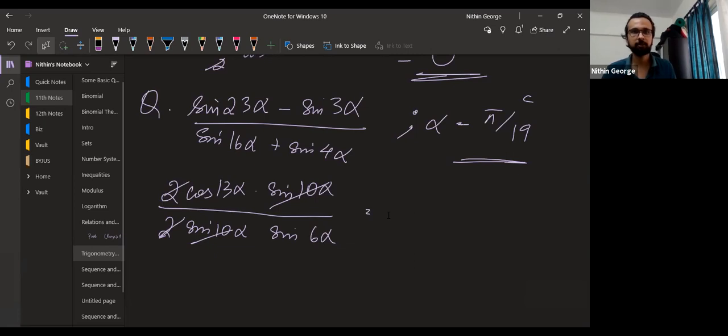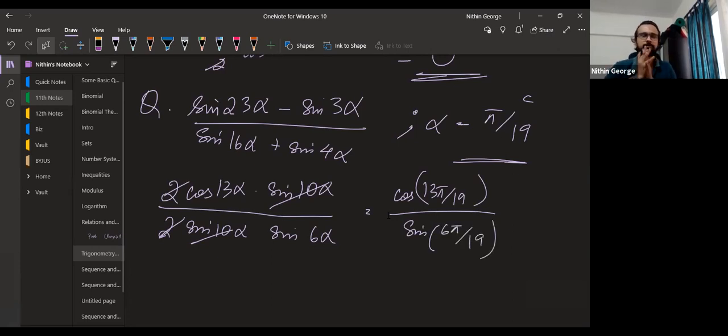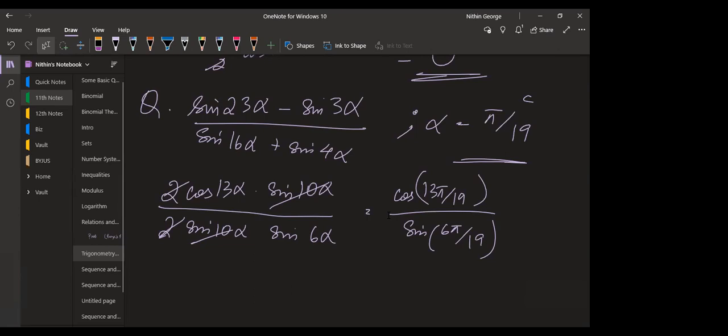You have cos 13 pi by 19. I'm substituting alpha equal to pi by 19. And then you have sin 6 pi by 19. Okay, what do we get from here? So it should be cos 6 by 9.